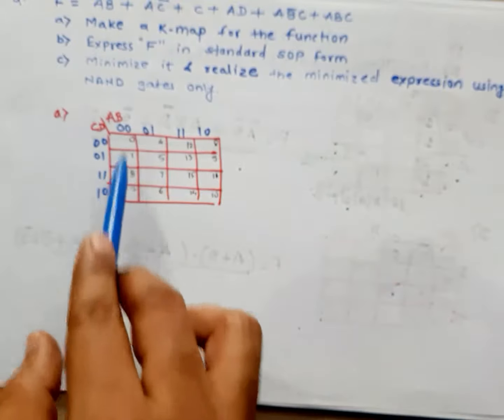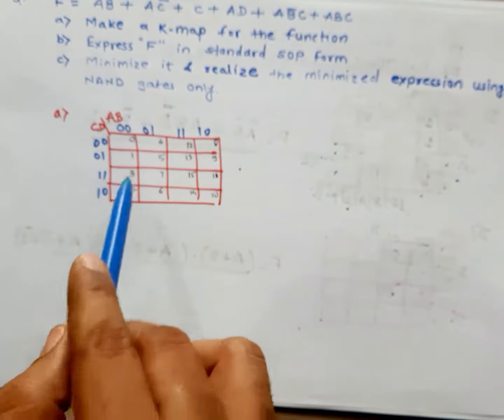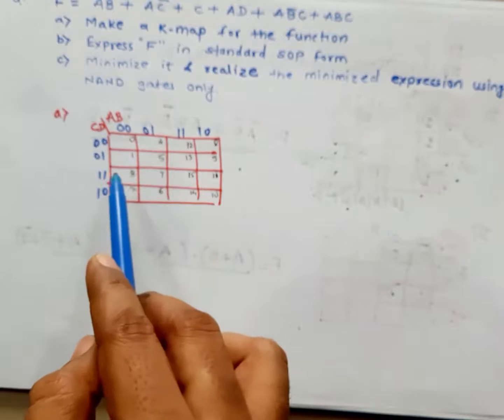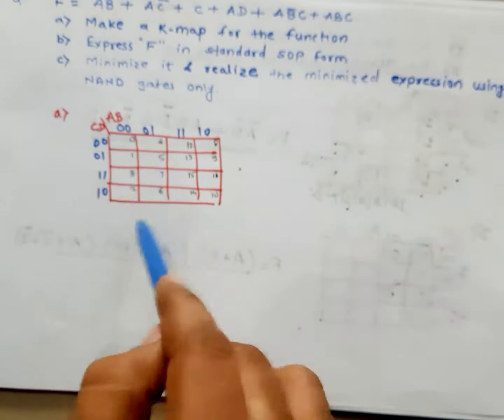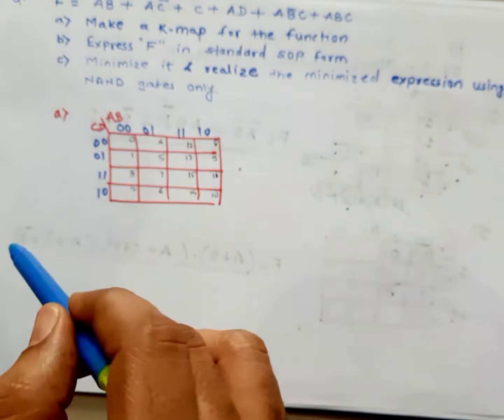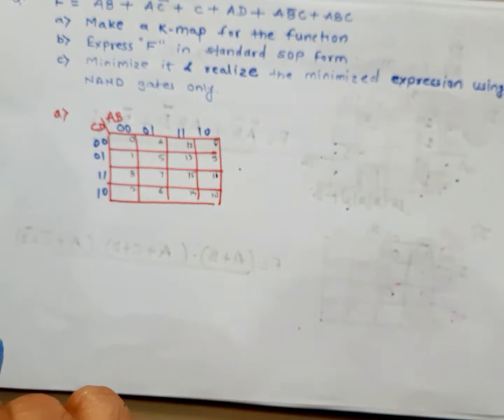So if all 16 cells have high values, then we make a group of 16 cells and the answer is 1, because all cells are high. All 4 columns and 4 rows are considered. So A, B, C and D, all 4 variables get eliminated, and the value of the eliminated variables is by default considered as 1.